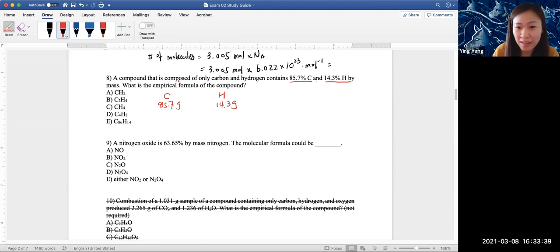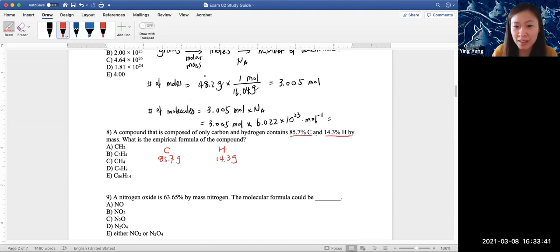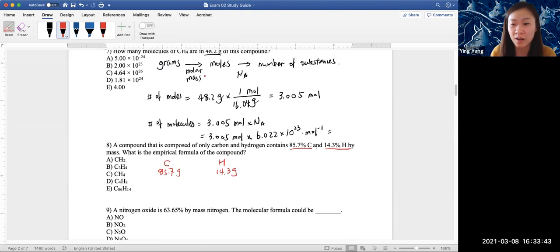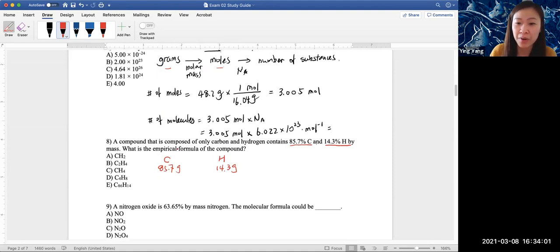So to do this, the same thing. Now you can see that all these questions and all these concepts are actually just interconnected together. We use the same method from grams using molar mass to find the number of moles. Here it is easier because you only have one element and the molar mass is numerically equal to the atomic weight of that element, which you can find from the periodic table.